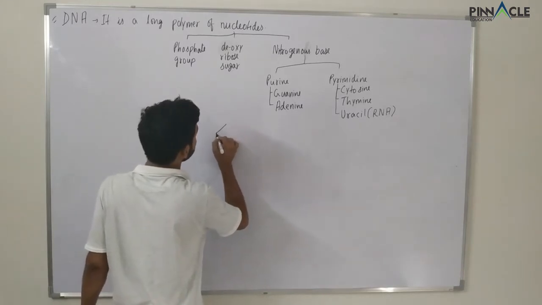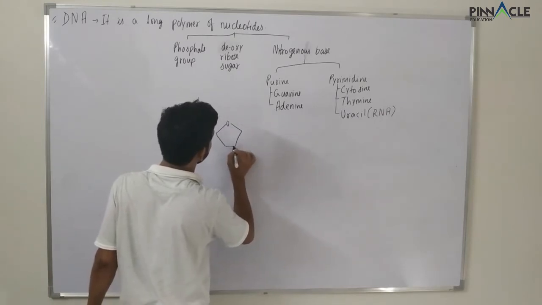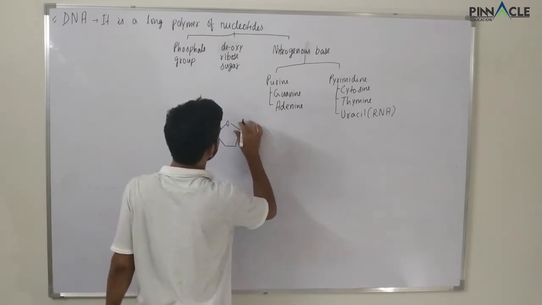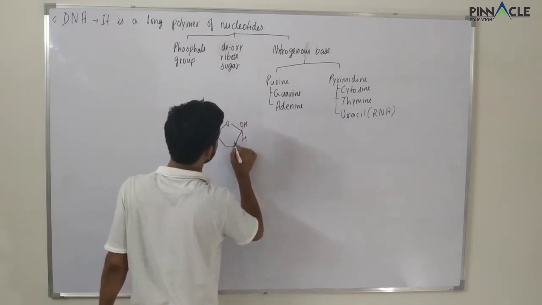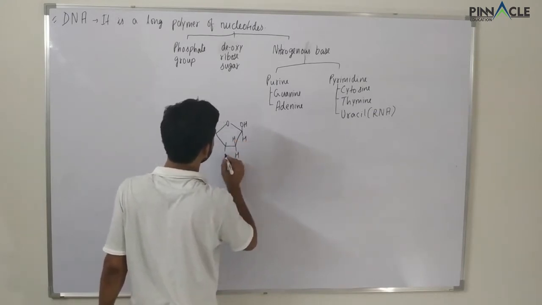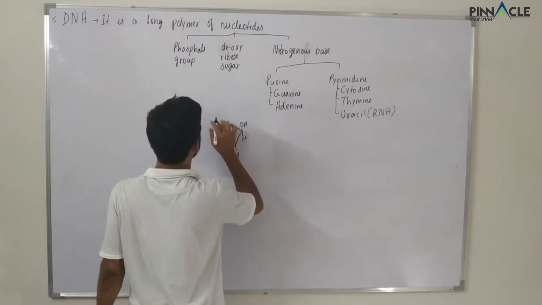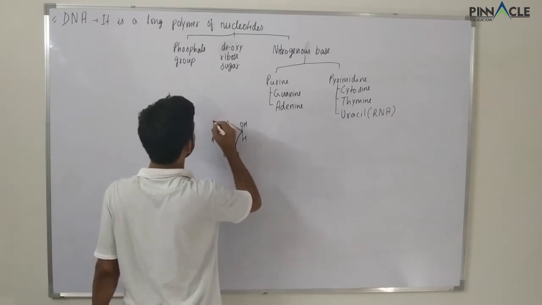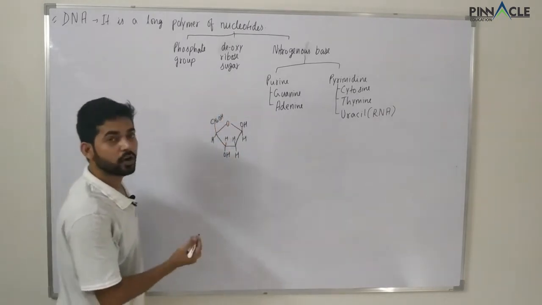First of all, we will study the ribose sugar. So this is deoxyribose sugar.